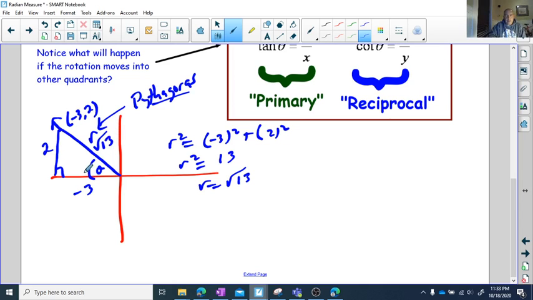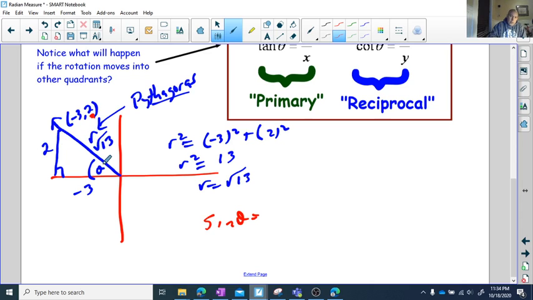Now, you may look at this and be saying, how can you be calling the length of a side negative? And I'm not really doing that. What I am saying is that because of where I've drawn this angle, the x value is negative. Up here are the y values, and they're positive.